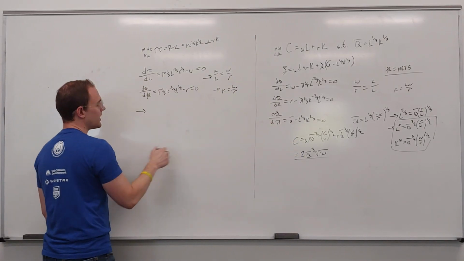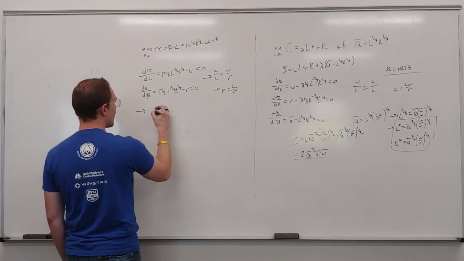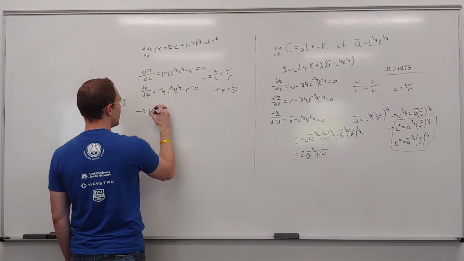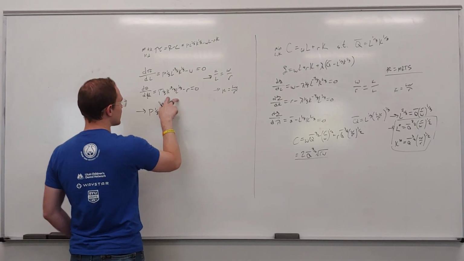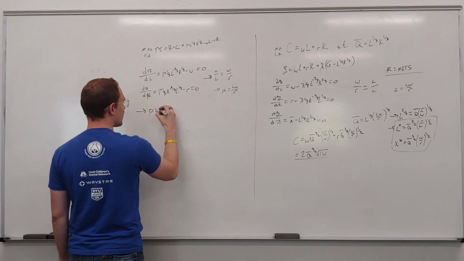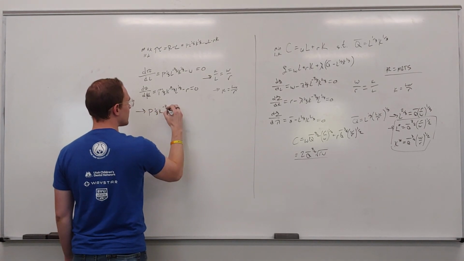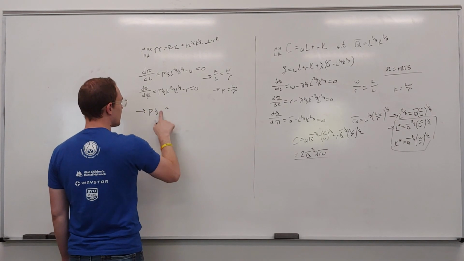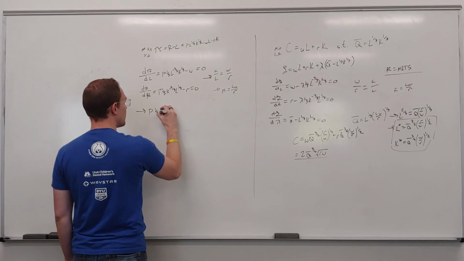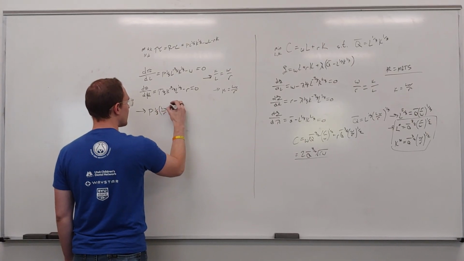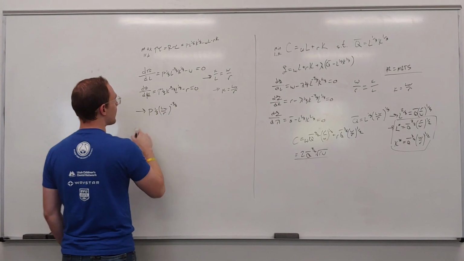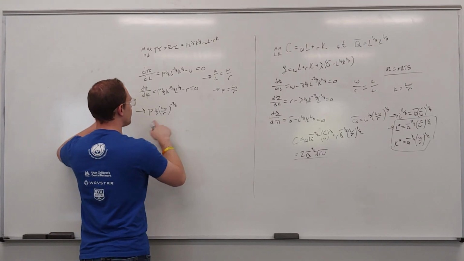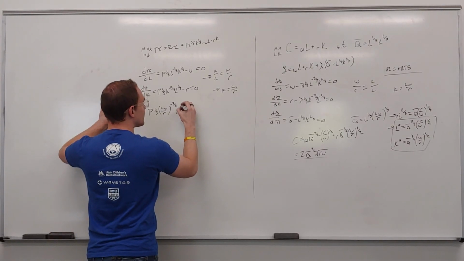If we plug K back into either one of these equations, it doesn't matter which, but we'll get P 1/3. Let's plug it into this bottom one. So we have K to the negative 2/3. We're plugging in LW over R to the negative 2/3, and then L to the 1/3.